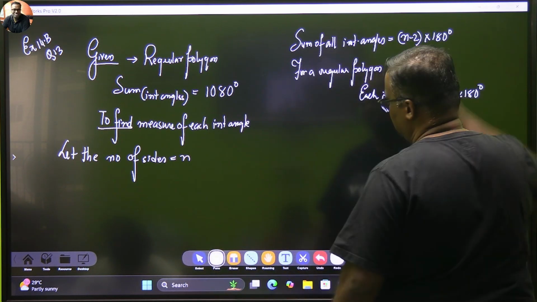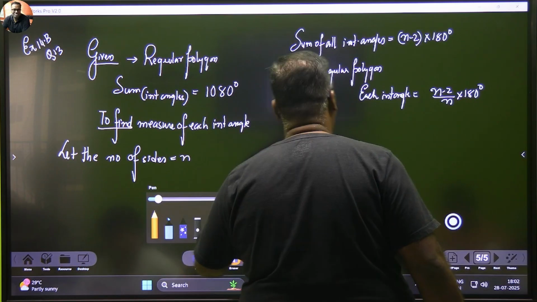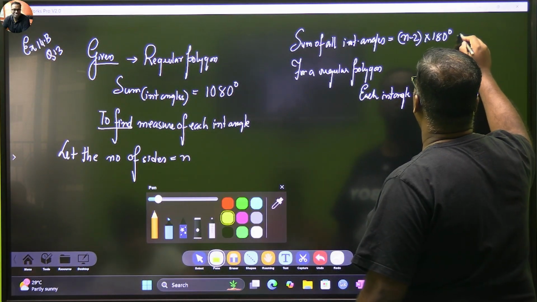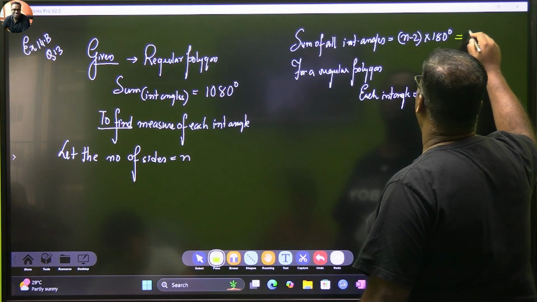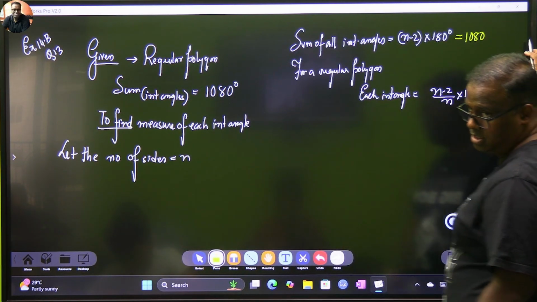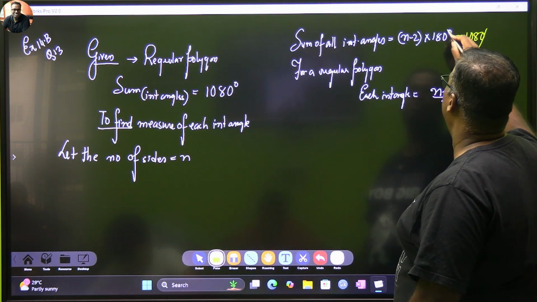Now this portion is given to you as 1080. Do you agree? Sum of all. So we can strike out a 0.